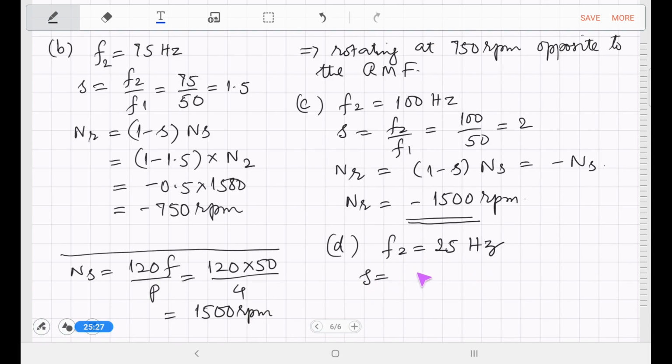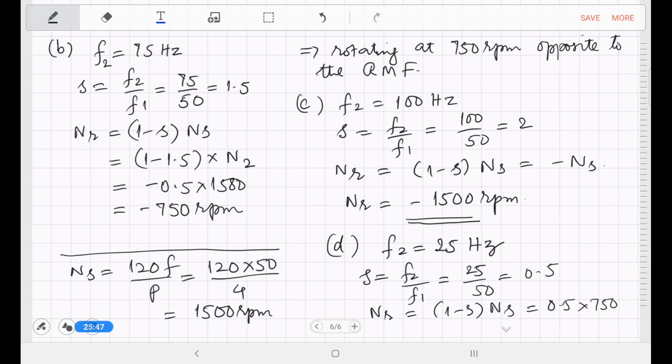S will be equal to F2 upon F1, which will be equal to 25 by 50, which is 0.5, and therefore Nr will be equal to (1 minus S) times Ns, which will be (1 minus 0.5) into 1500, which is 0.5 into 1500, which is equal to 750 RPM.